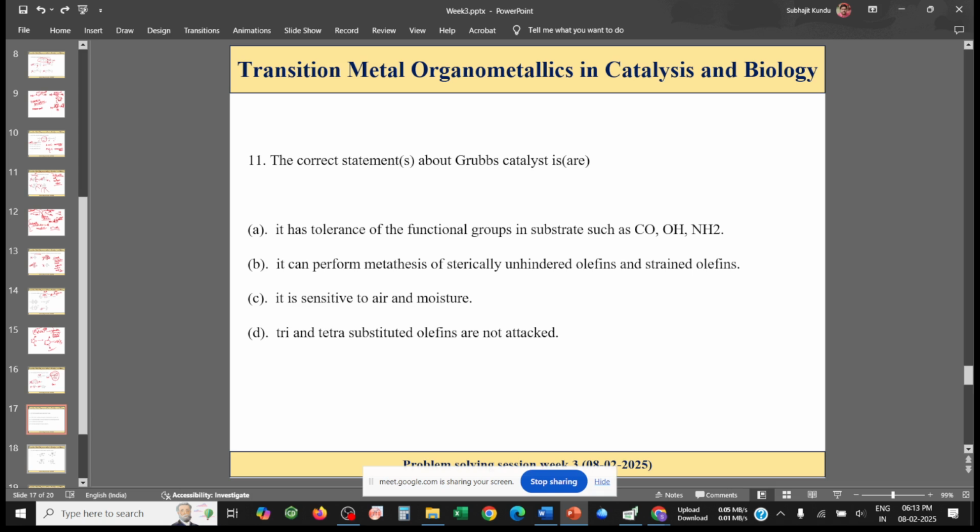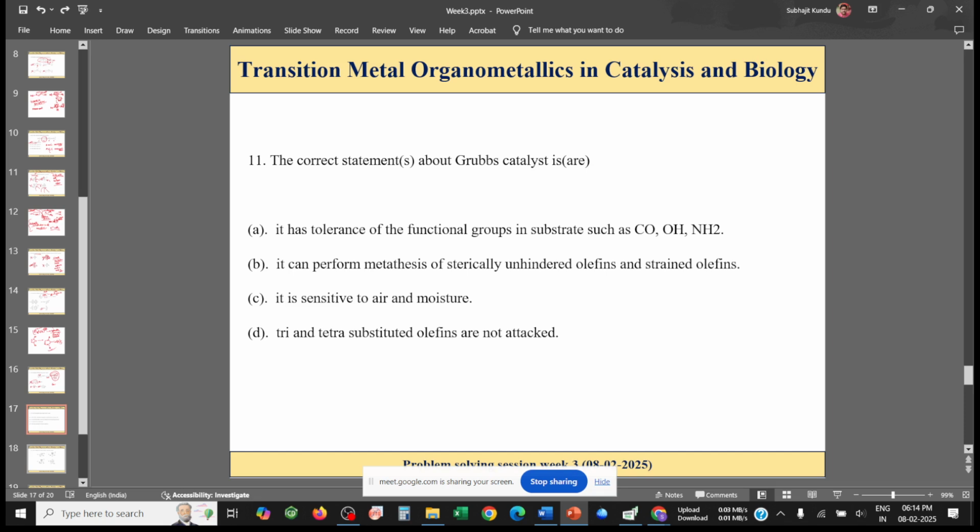So Grubbs catalyst, as I already said, is highly stable to air and moisture. Okay. So Grubbs catalyst can be synthesized and used outside the glove box, outside the inert atmosphere.